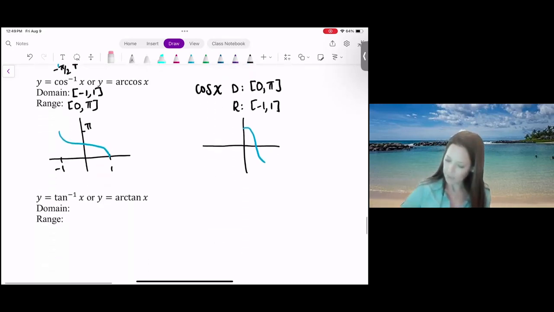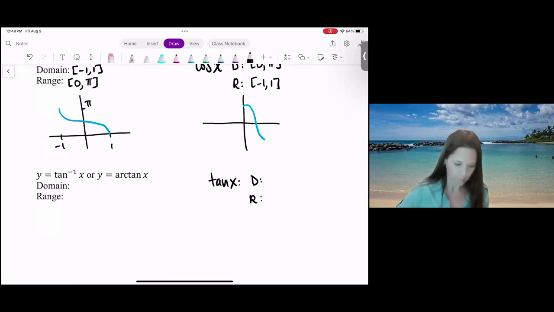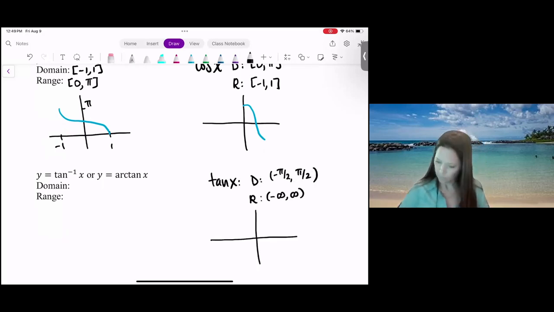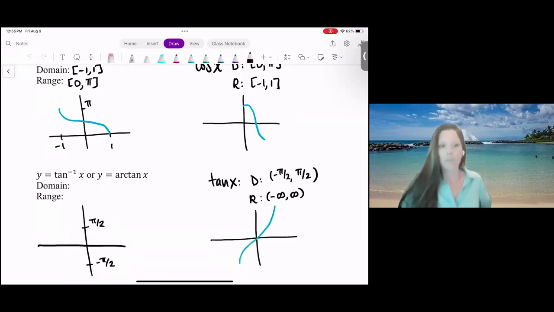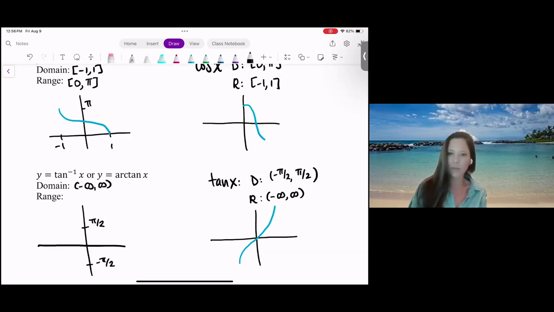Looking at tangent, the range of regular tangent is from negative infinity to infinity, which means my domain for the inverse is negative infinity to infinity, which means that the graph is going to go on all the way to negative infinity in x and positive infinity as well.